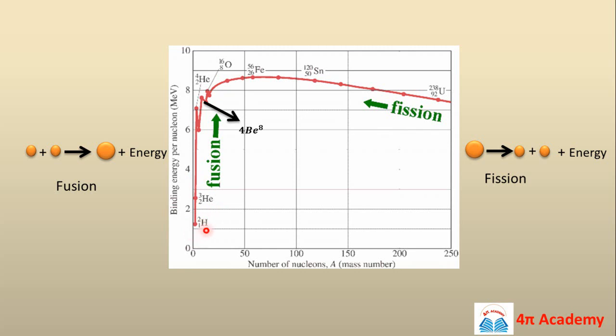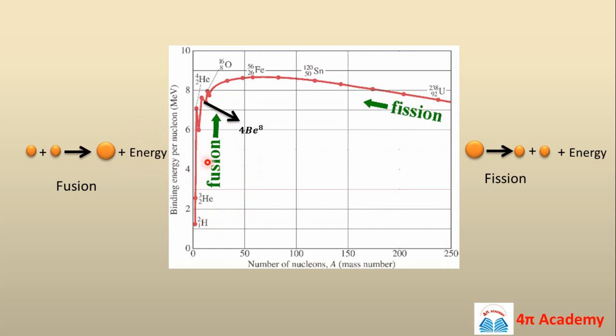The binding energy per nucleon of 1H2 is smaller, and when they generate a heavier nucleus, the binding energy per nucleon will obviously be higher, and also some amount of energy is released. This transformation is known as nuclear fusion.